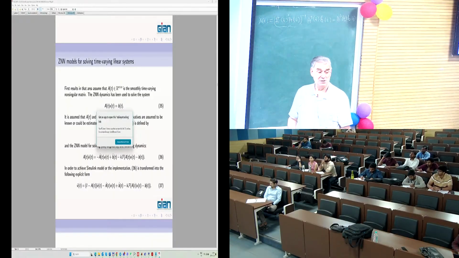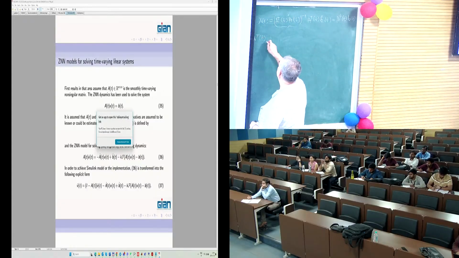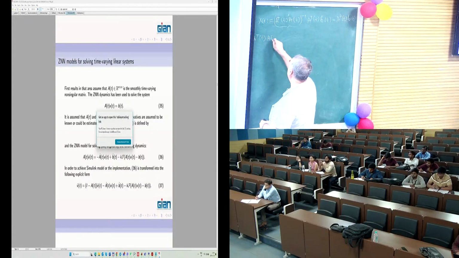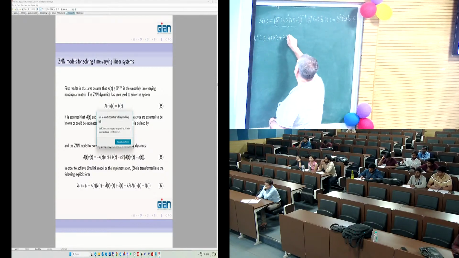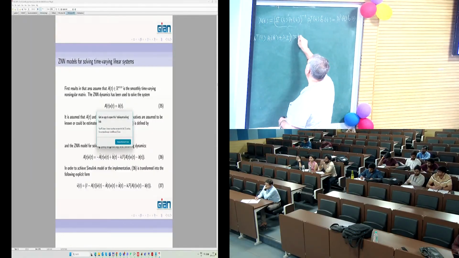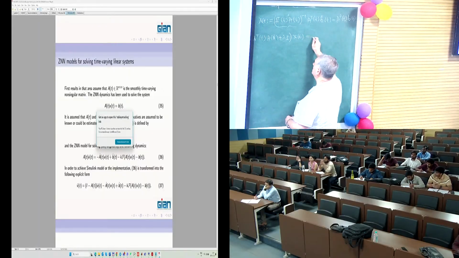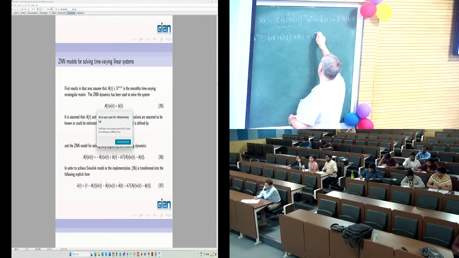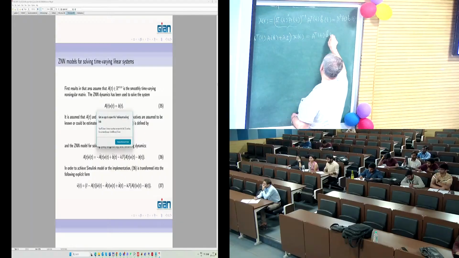It is the so-called Tikhonov regularization. We will consider A transpose of t A of t plus lambda identity matrix, x of t equals A transpose of t B of t.